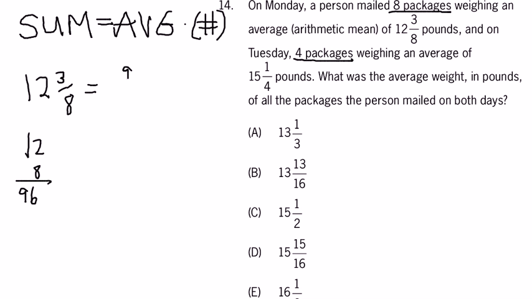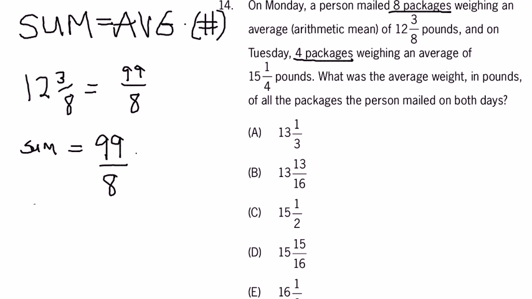So this is 99 over 8 pounds. So the sum of the 8 packages is going to be equal to the average, which is 99 over 8, times the number of packages, which is 8, so that's going to be 99.